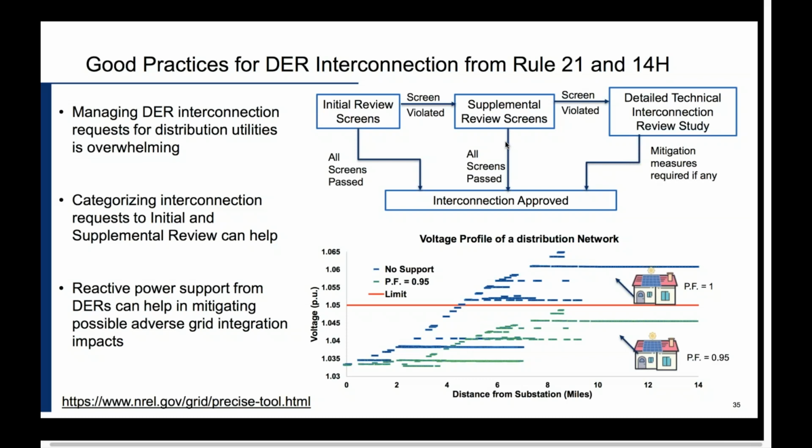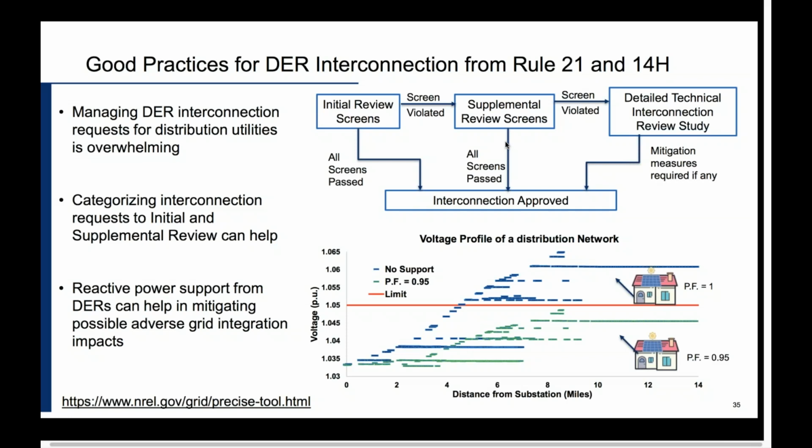Which means as and when the requests for interconnection keep coming, it's better to categorize them quickly, screen them, and identify whether that needs a quick run-through or that needs to be dealt with in detail. So typically in California, in Hawaii, what they do is they break the interconnection requests into 3 categories. One is immediate pass-through, one needs a quick screen, which takes a few days, maybe weeks, and a detailed run, which is done case by case, which can take months.